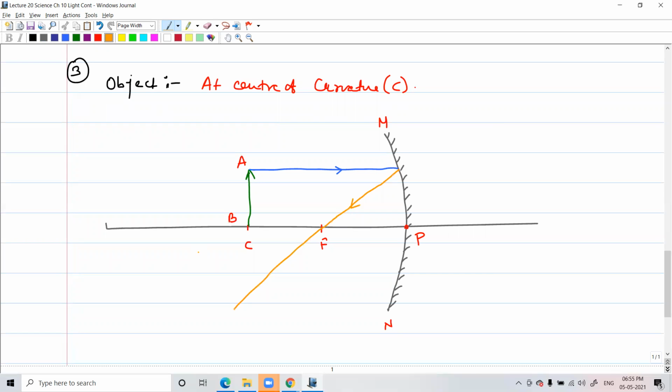The other one will go through the focus, the incident ray. Let's make the light go through the focus, and the reflected ray will be parallel to the principal axis.